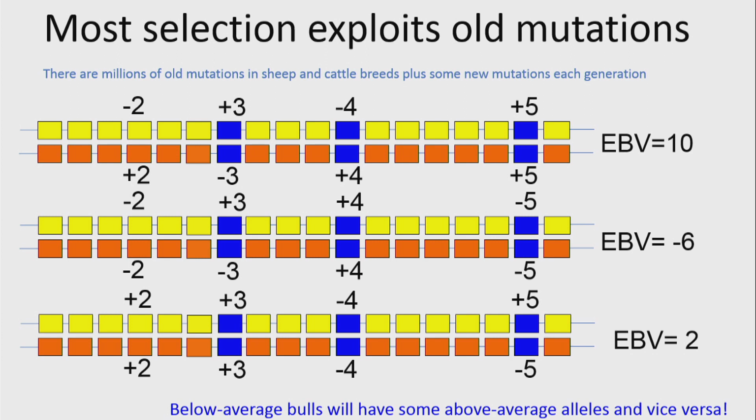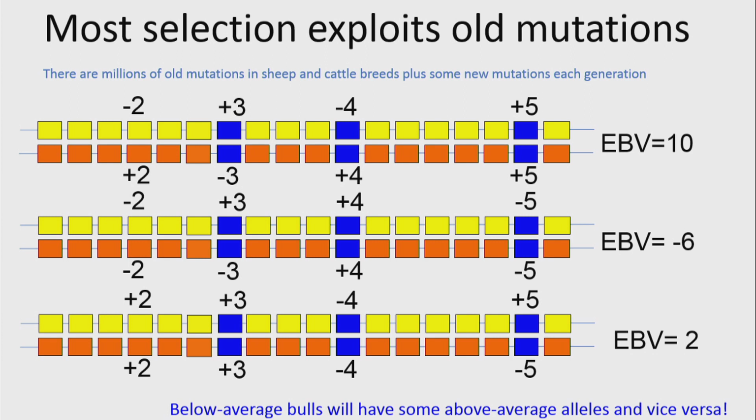So if we've got 30 pairs of chromosomes, 60 chromosomes in cattle, every time you have a new calf born, it would have something like 60 new mutations that weren't present in its parents. And if you multiply 60 new mutations times, say, 5 or 6 million calves born a year, you're talking about a huge number of mutations. Similarly in sheep, you talk about, say, 20, 25 million lambs being born, 54 chromosomes, a huge number of new mutations that occur.